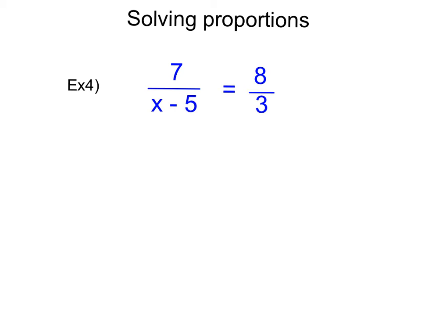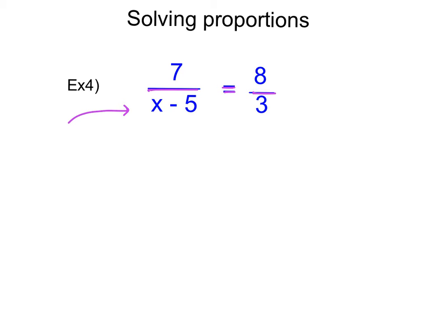So now where this seemingly starts to become more difficult is when we start to put more numbers into our fractions. If you're looking here, we still have a fraction is equal to a fraction, but this fraction has x minus 5 in our denominator, which we know is going to make it more difficult.